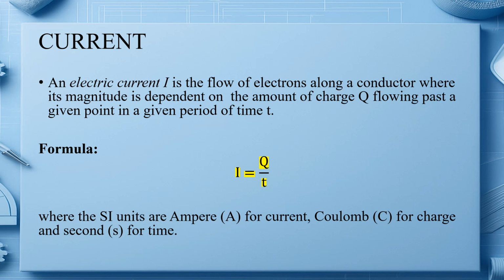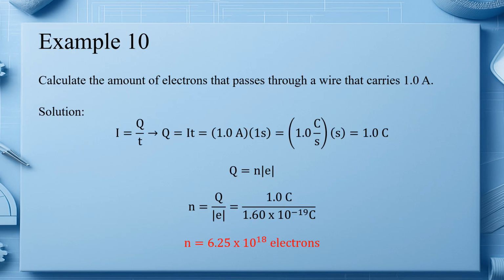So for example, metals or gold, bronze, silver. So the formula for the current I is equal to Q over T, wherein Q is the charge and T is time in seconds.